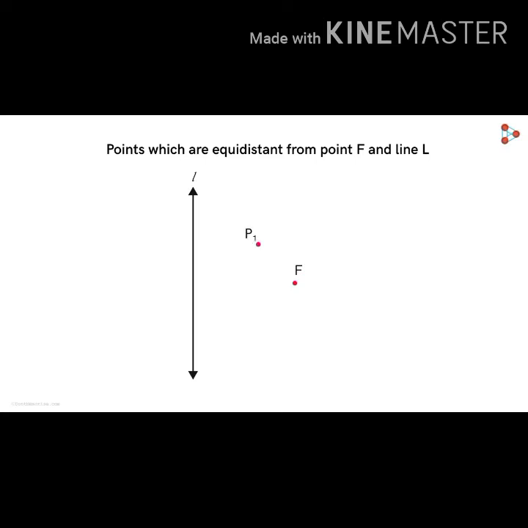P1 will be at an equal distance from F and line L. Consider another such point P2. Its distance from point F will be equal to its distance from line L. Another obvious point is the midpoint of the perpendicular segment joining F and L. All such points that satisfy this condition will lie on this curve, and such a curve is called a parabola.